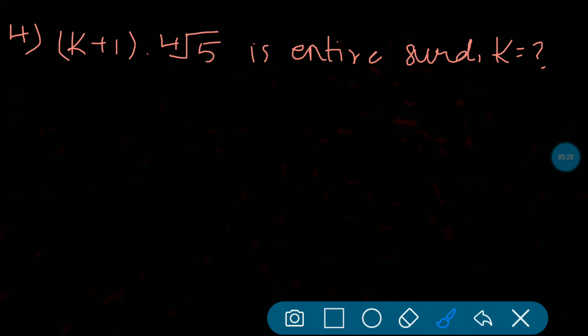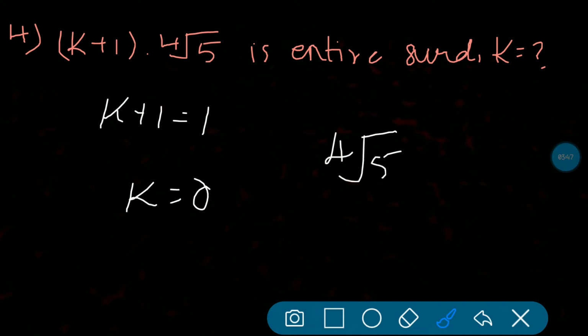Fine. Now k plus 1 is equal to 1, and obviously what will be the value of k? It is 0. And what is the answer? Fourth root of 5. So the option is D, 0.